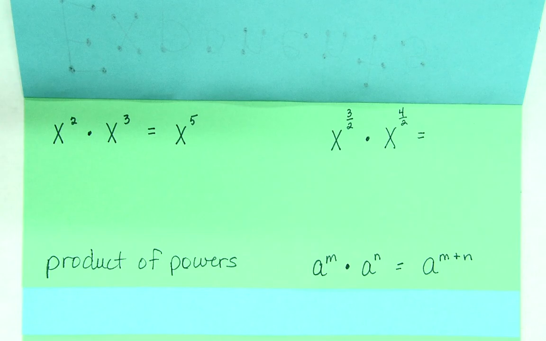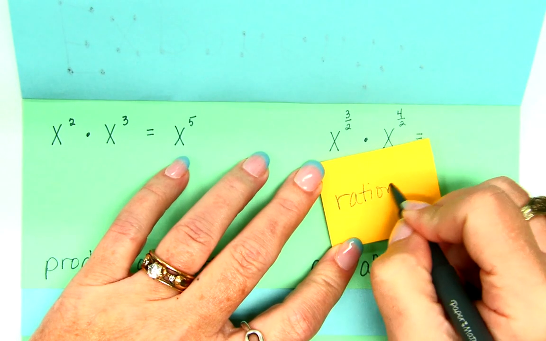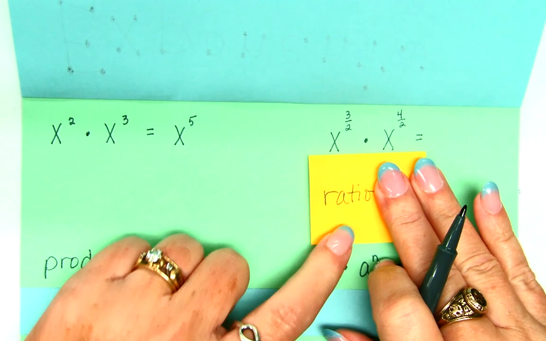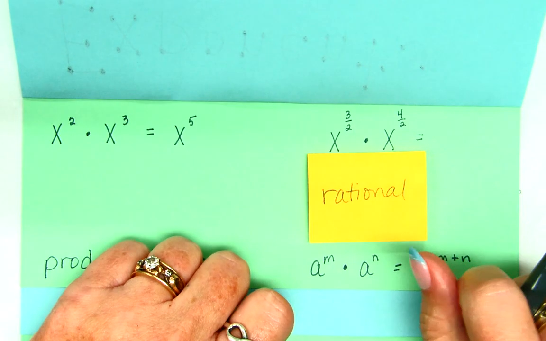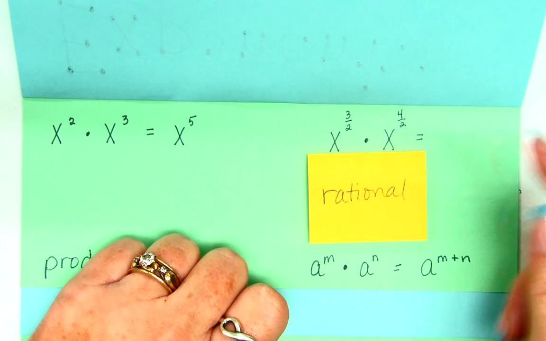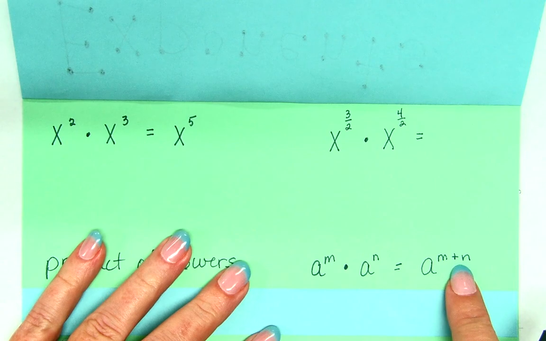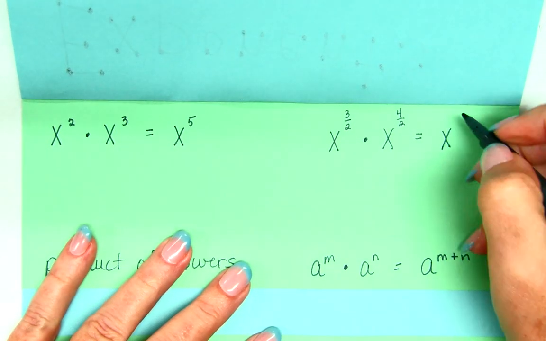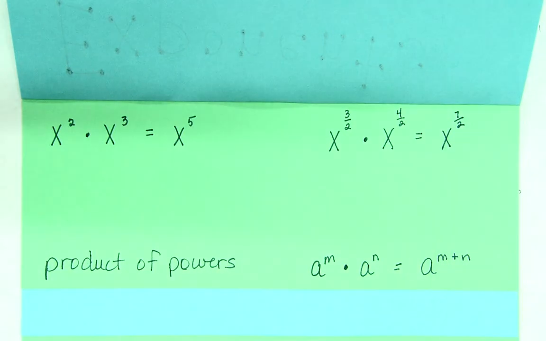Look. Rational. So ratio. And ratio is another word for a fraction. Okay? They're called rational exponents. It just means the exponents are fractions. How do I add fractions? Add the numerator, very good, and keep the denominator. Done.